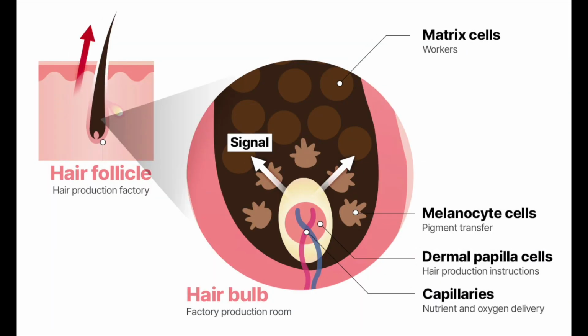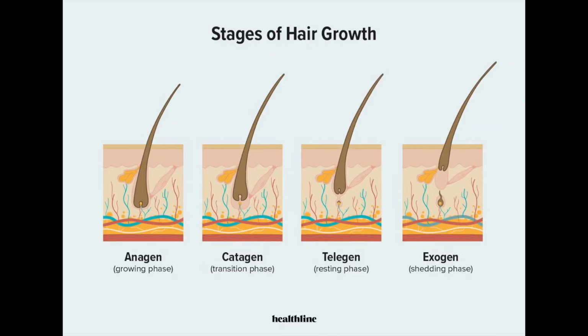Hair does not grow continuously. Each hair follicle acts as an independent mini organ and cycles through three phases. Since follicles are not synchronized, you normally shed about 50 to 100 hairs per day without noticeable thinning. The phases of hair follicle development.